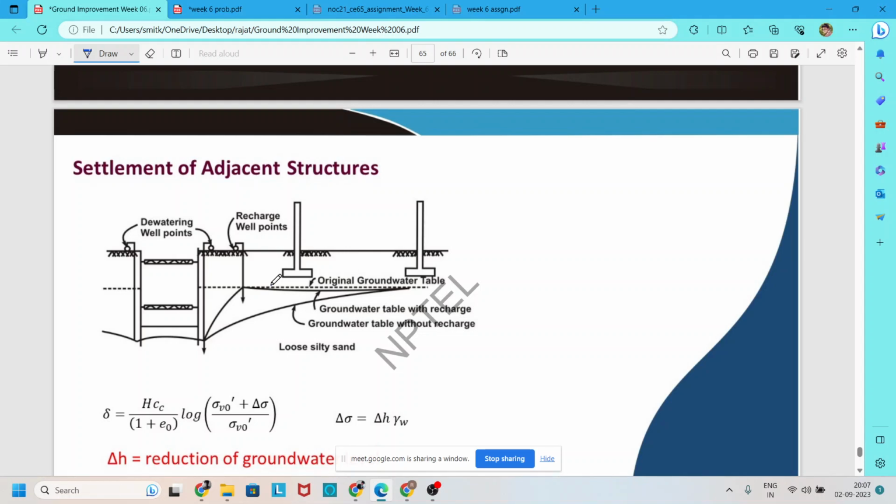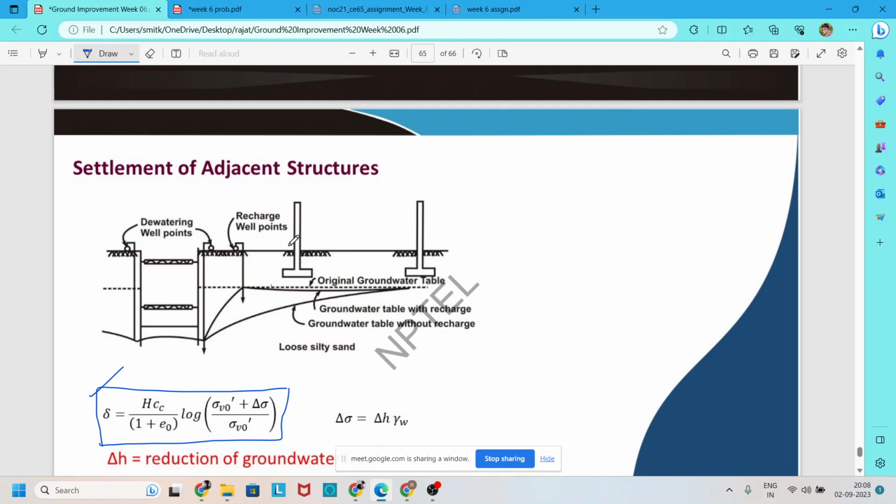Due to reducing the groundwater table, there is some influence on the surrounding soil also. The surrounding groundwater table is also reduced. Due to this reduction, effective stress is increased, and due to this effective stress, settlement occurs. We know this consolidation settlement occurs when the effective stress increases, and by this formula we find out the settlement. To address this settlement, we maintain the water table of the surrounding soil, and for that we need to recharge the soil.